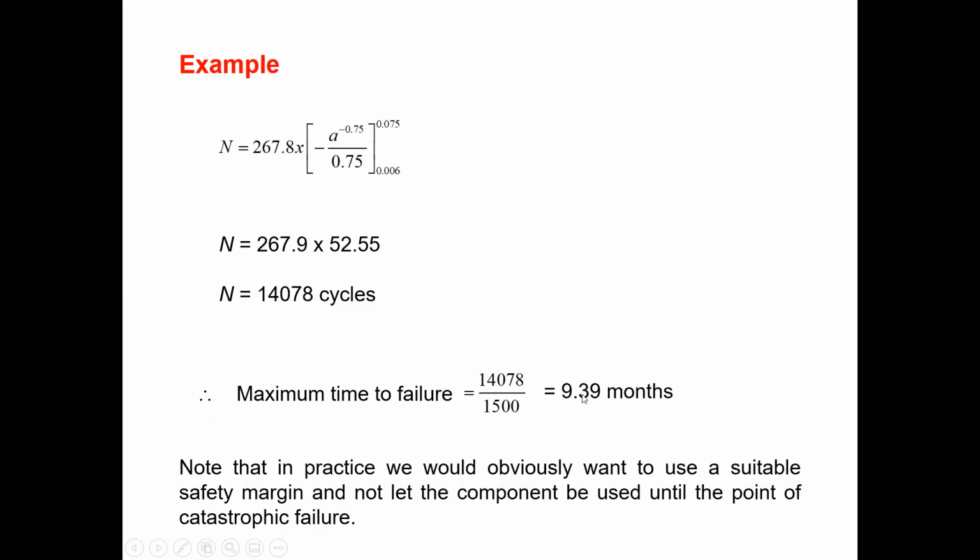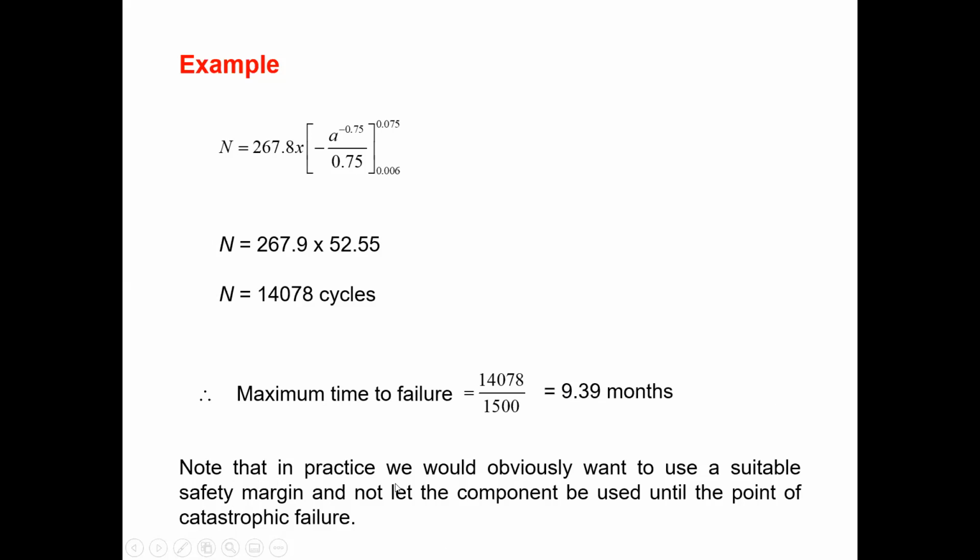So 9.39 months, and the fraction is in days. It is less than 15 days, where 15 days means 0.5 months. So it is around 10 or 11 days. So 9 months, 11 days, something like that.